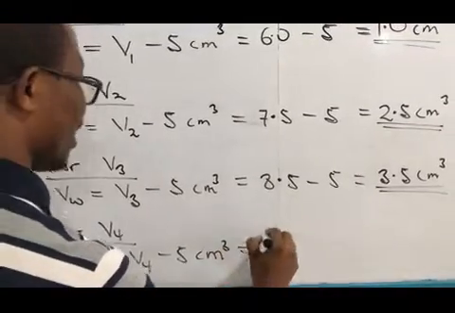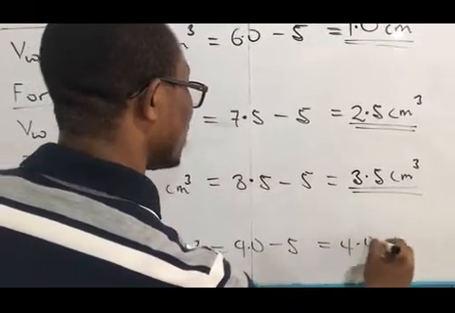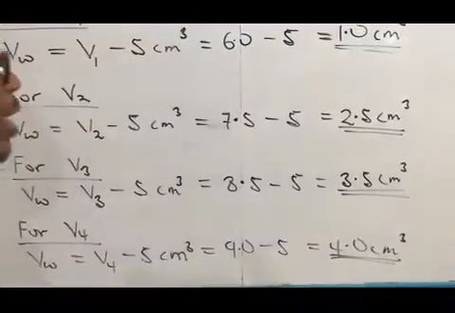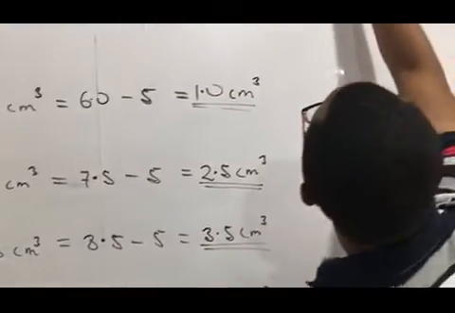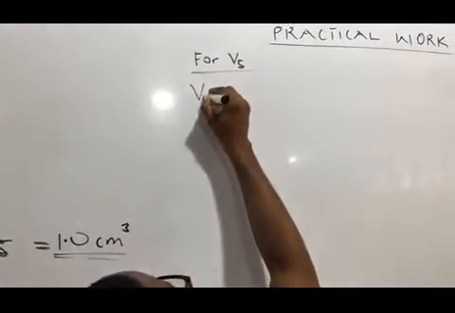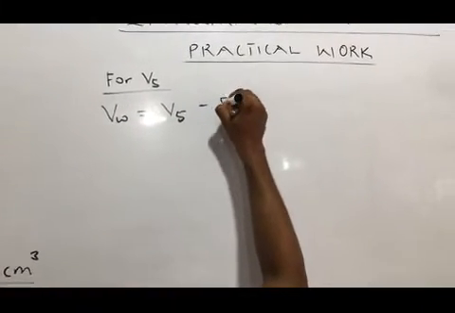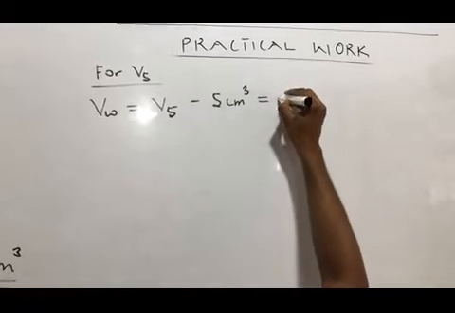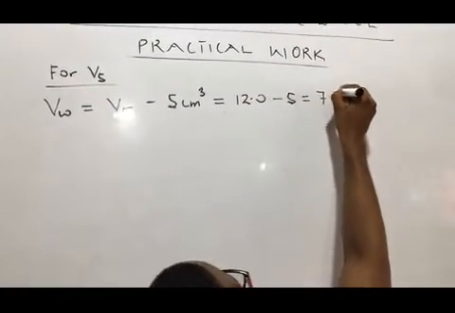Our V4 is 9. So that gives you 4 centimeter cube. And then lastly, for V5, the volume of water will be V5 minus the 5 centimeter cube. V5 is 12 minus 5, so that gives you 7.